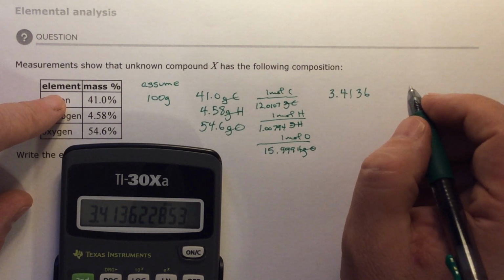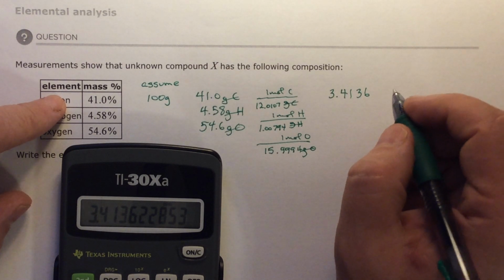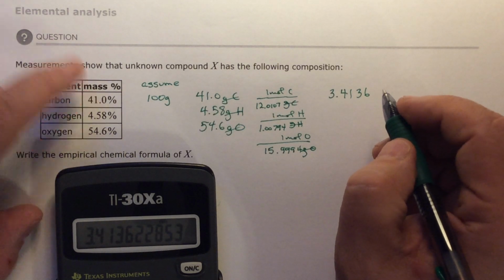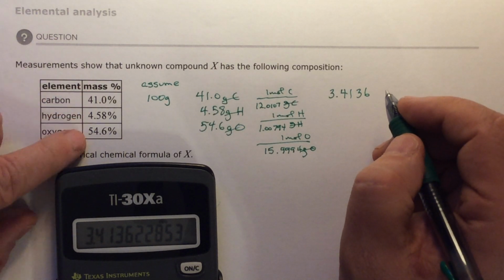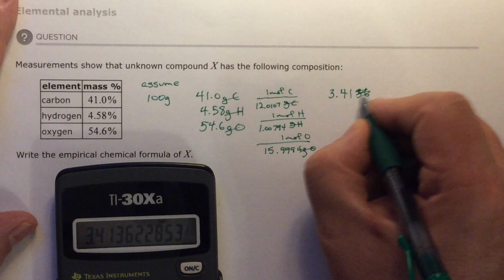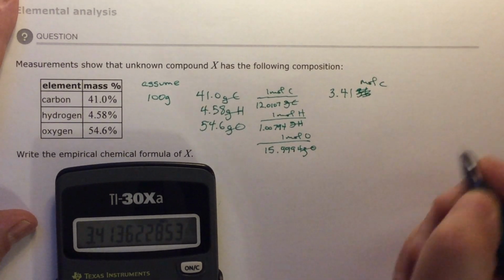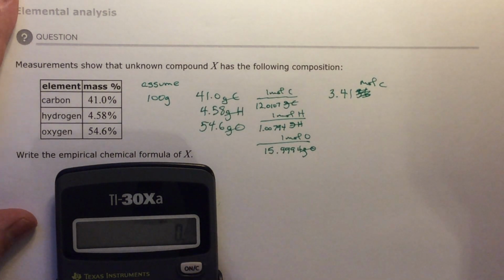I have 3 significant figures here. 41.0, that's 3. Let's round to 3. So this is going to be 3.41 moles of carbon. Okay, how about the next one?